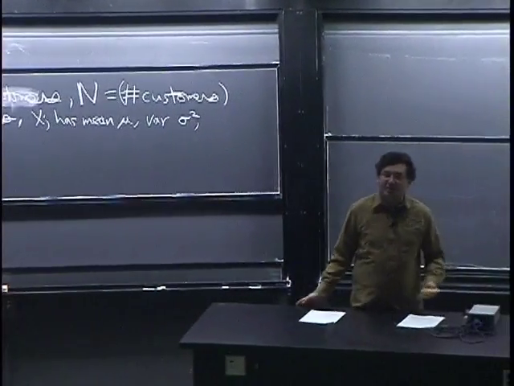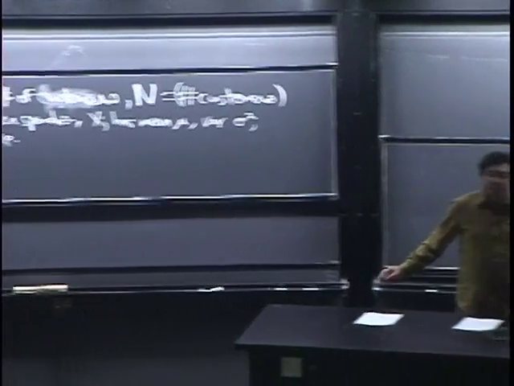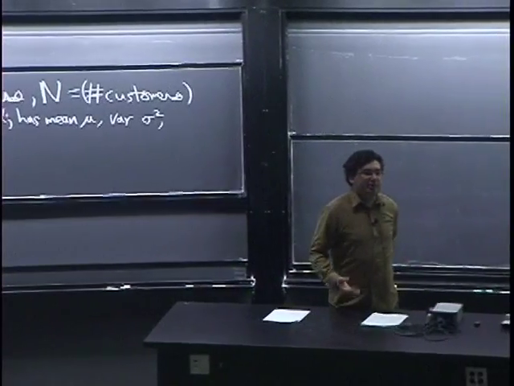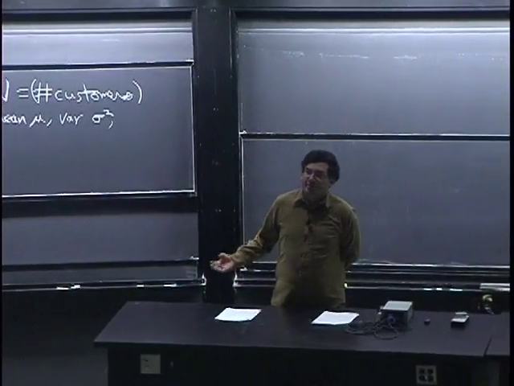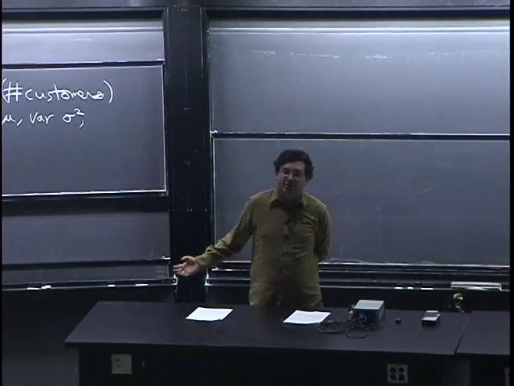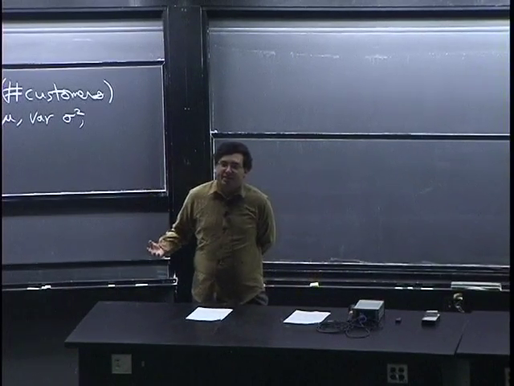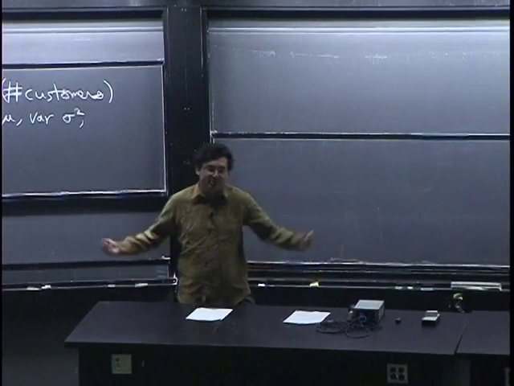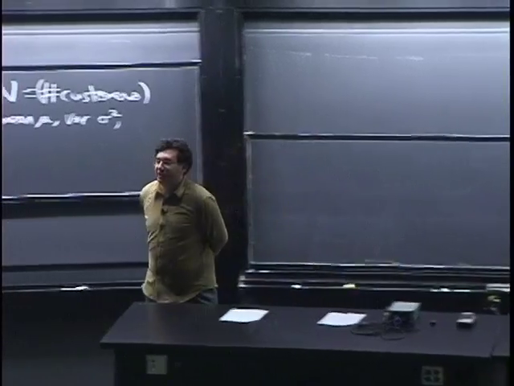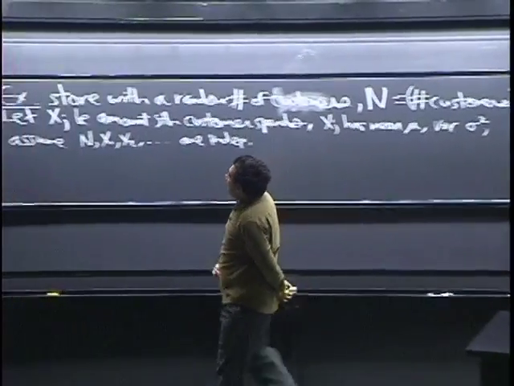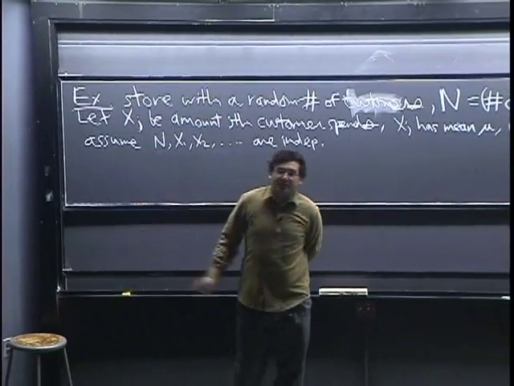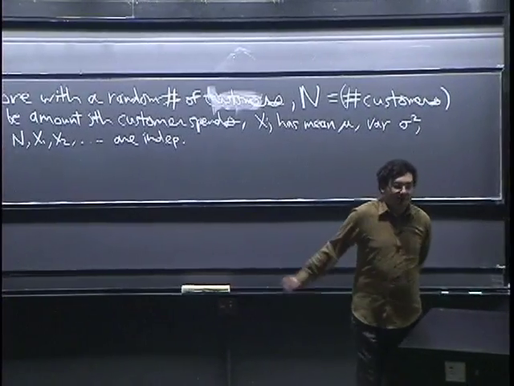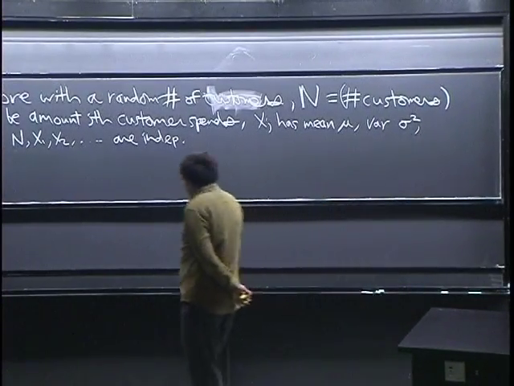I'm sure you can think of examples where this would break down, right? Like if N is so large that you can't fit everyone in the store, and then maybe people start leaving because it's too crowded, or maybe then they're more determined to buy a lot of stuff, all kinds of things could happen. Or maybe N being very large is an indication that they're having some really good sale that day, and so on. But anyway, we're assuming they're independent.